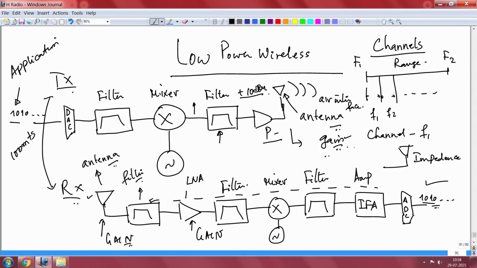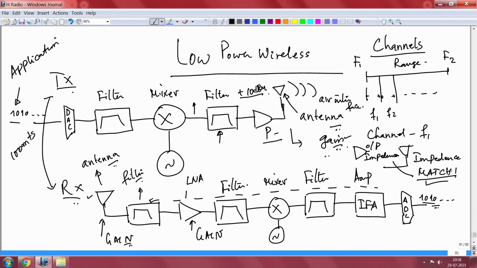The power amplifier will have an output impedance. You have to match. You have to match the impedance.